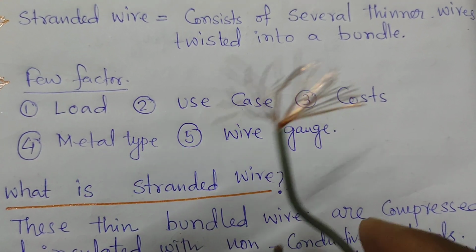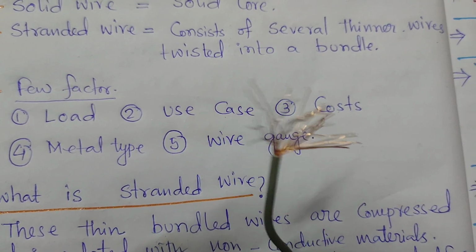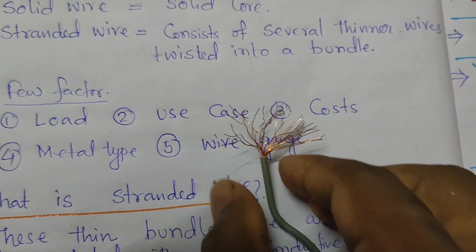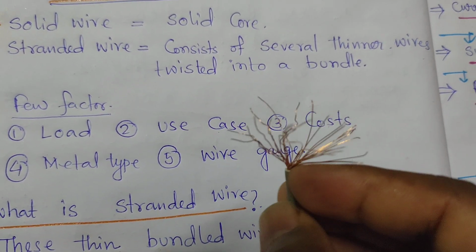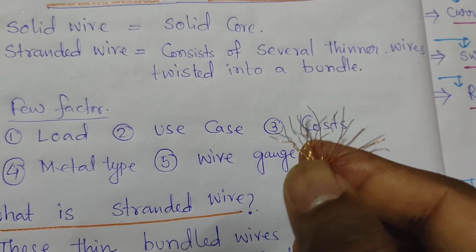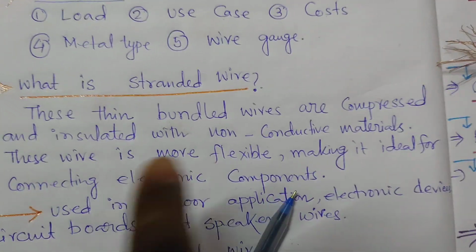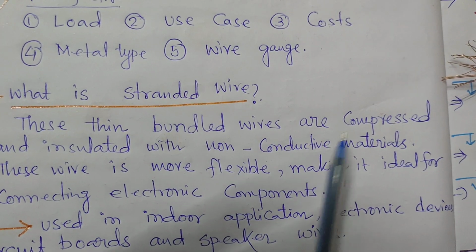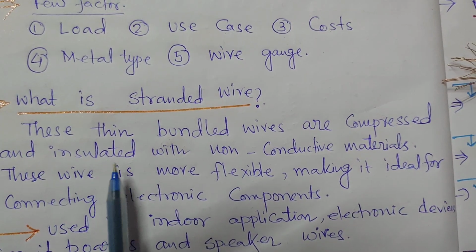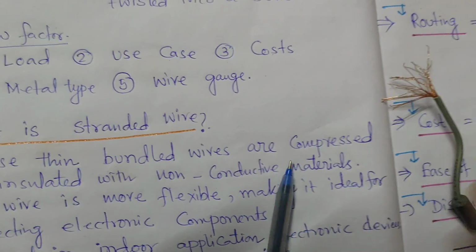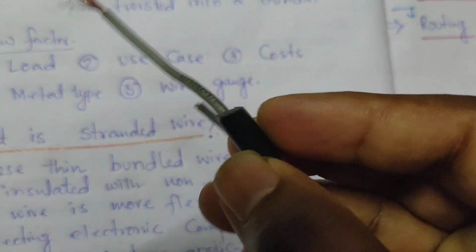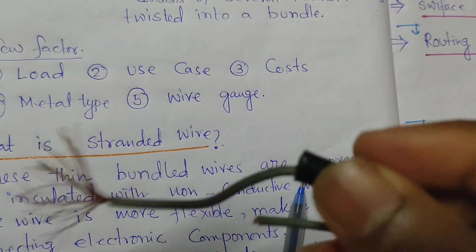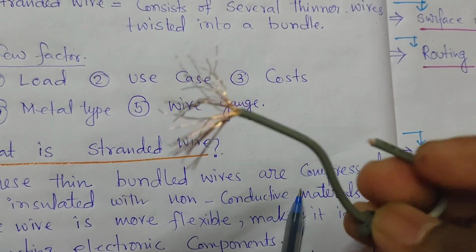So first let's start with the stranded conductor. Stranded conductor means lots of thinner wires are twisted into a bundle. This is called the stranded conductor. These thin bundled wires are compressed and insulated with non-conductive material. This is the insulation part, non-conductive material on the upper side of the conducting material.